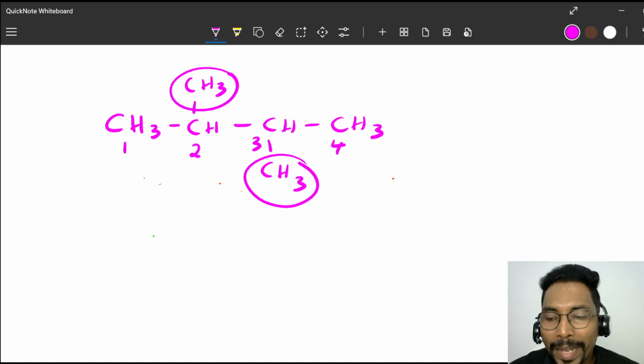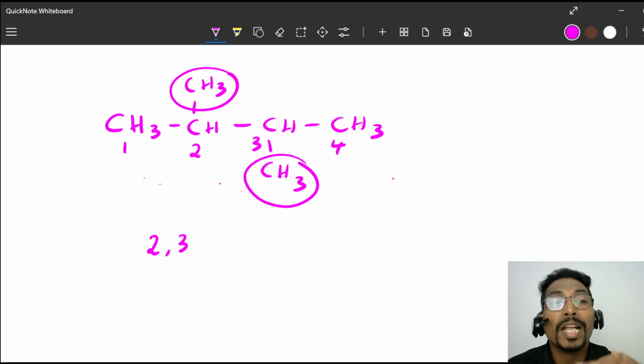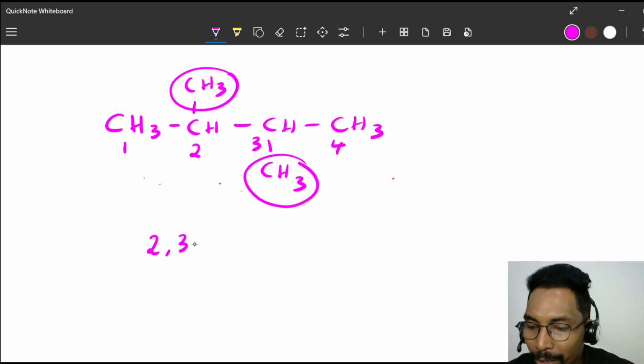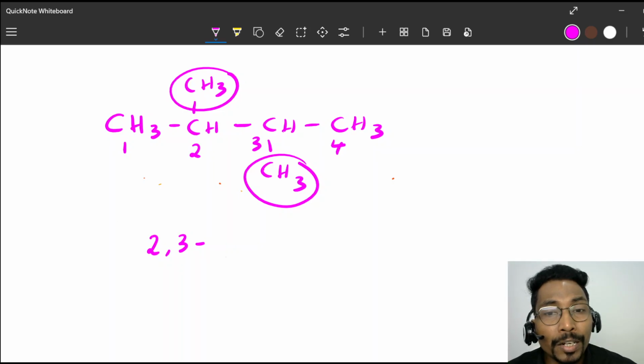So the name will be 2,3. 2,3 indicates one branch is on the second carbon and the next branch is on the third carbon. Then you can put a hyphen. Then how many branches are present? Two branches, so you have to use the word di. What is the name of the branch? Methyl.